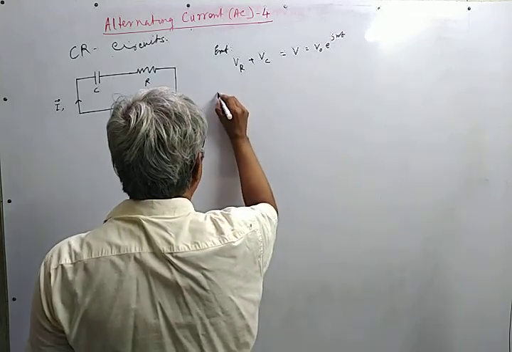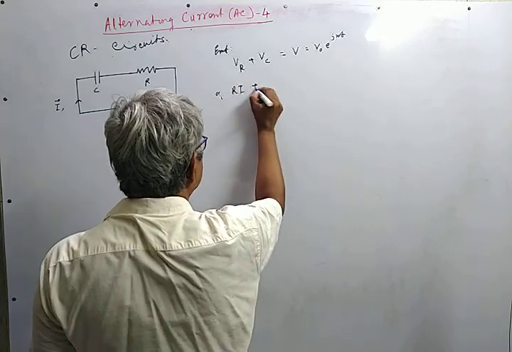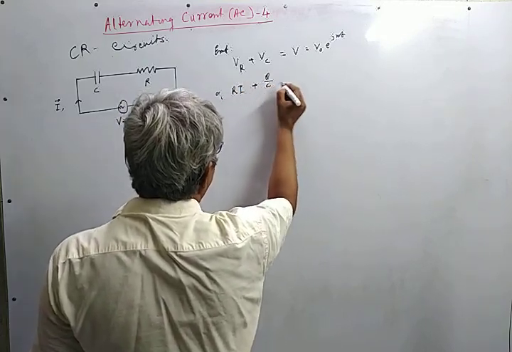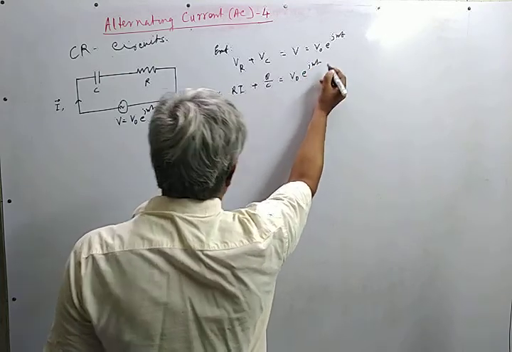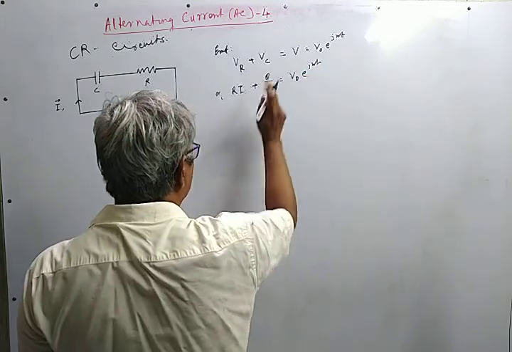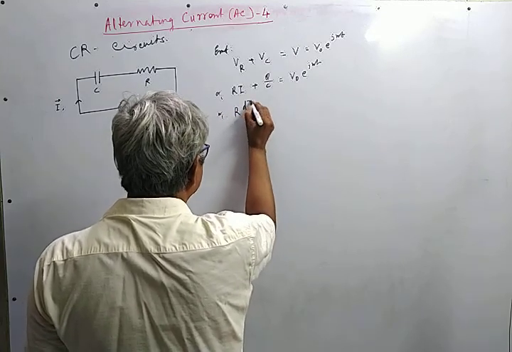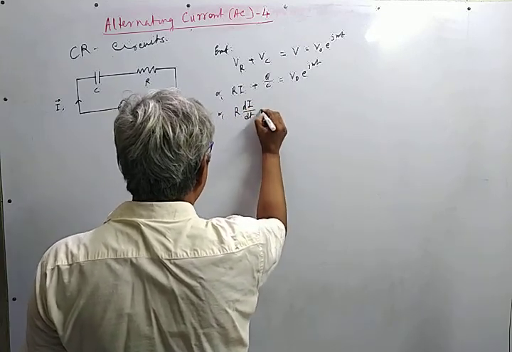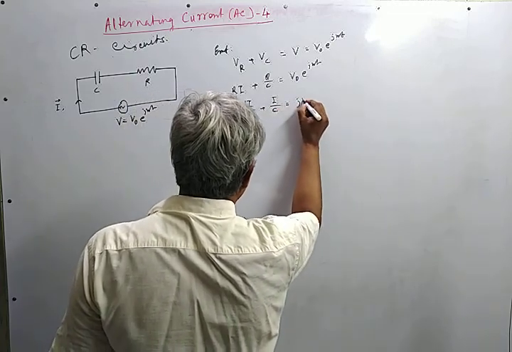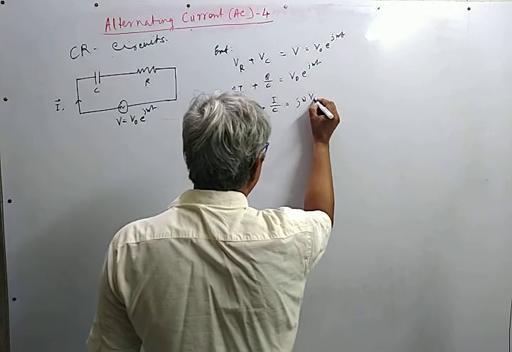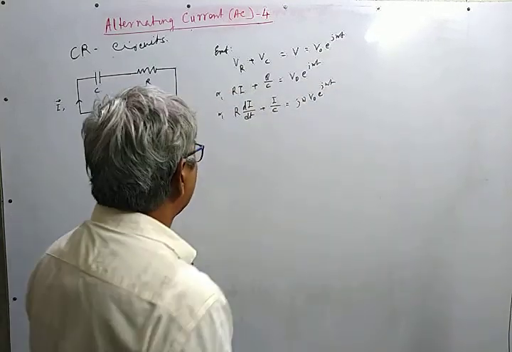And we know that this is R times I, and this is Q by C. To bring in our current I, we differentiate it. This is the EMF equation.